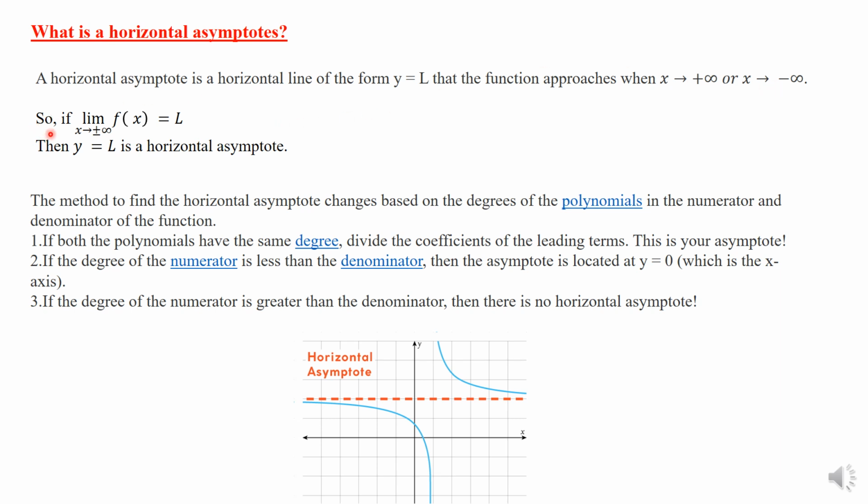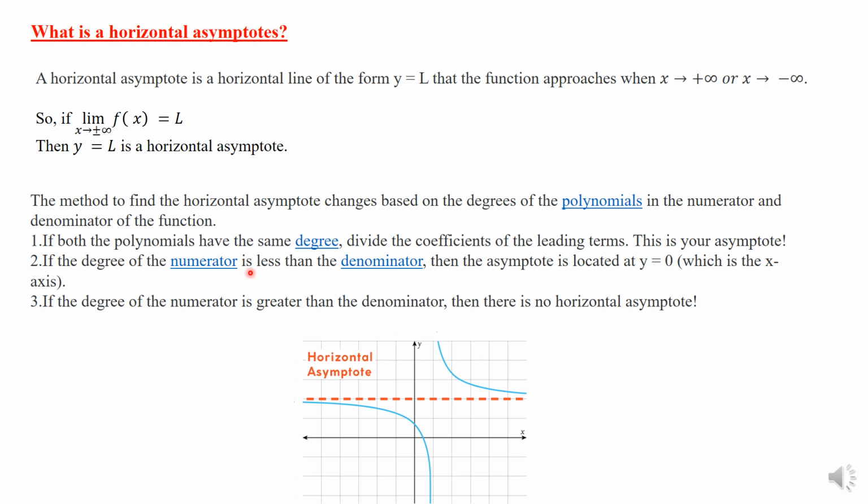In other words, if the limit of f of x equals L as x tends to plus or minus infinity, then y equals L is a horizontal asymptote, as we can see in the figure. So here, as x tends to plus infinity, it approaches the horizontal asymptote. As x tends to minus infinity, also it approaches the horizontal asymptote without touching it.